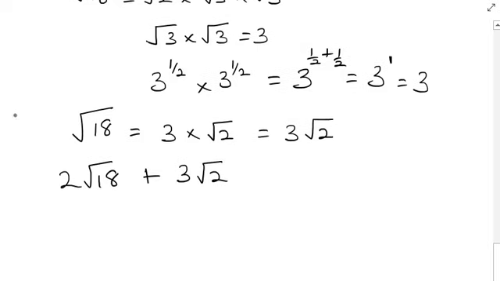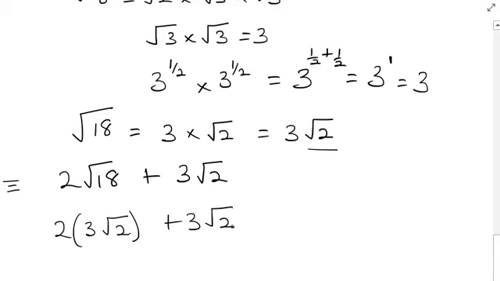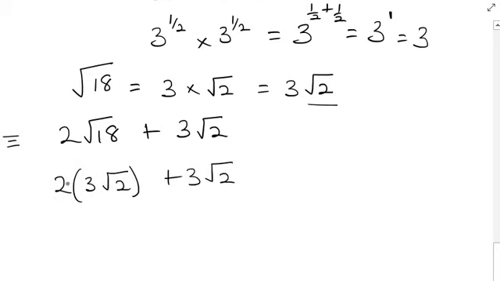We've gotten our root 18, so we can plug in what we got for root 18 into our equation, which is 2 into bracket 3 root 2, plus 3 root 2. We can easily multiply 2 by 3 because they are all numbers. This is not a radical because it doesn't have a square root on top of it. So 2 times 3 is 6 root 2 plus 3 root 2.